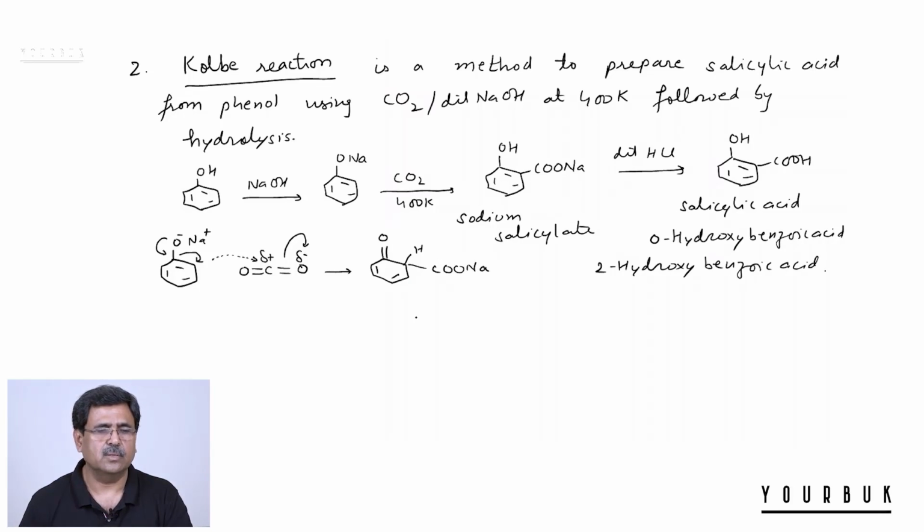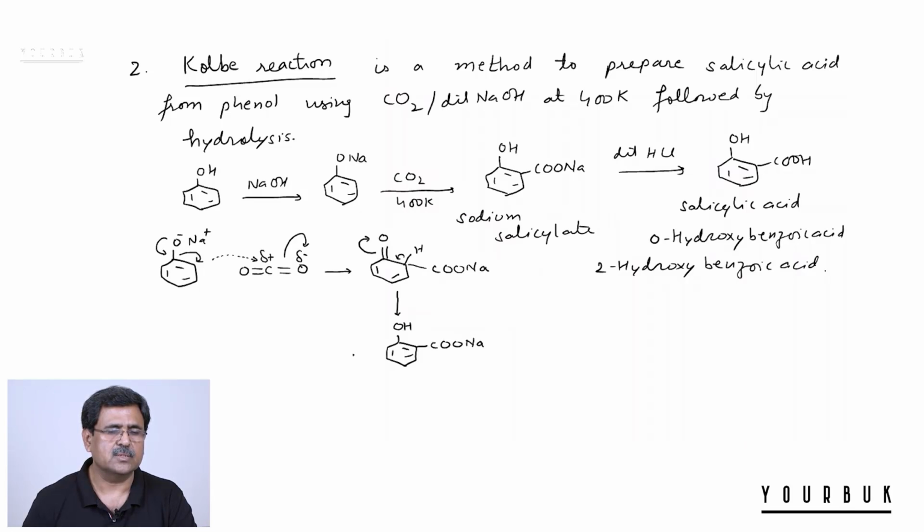And this product is non-aromatic, so it will try to regain aromaticity like this. And this is called sodium salicylate, and this sodium salicylate on reaction with dilute HCl finally gives salicylic acid.